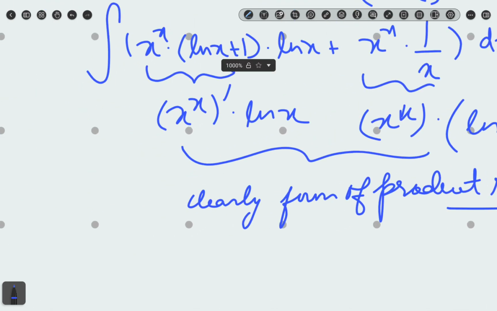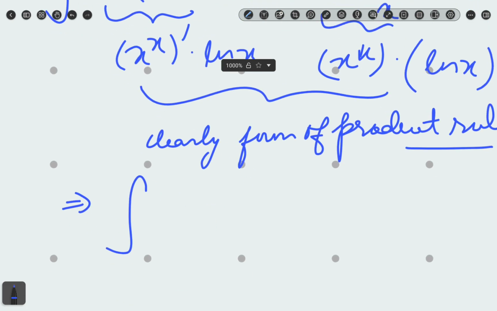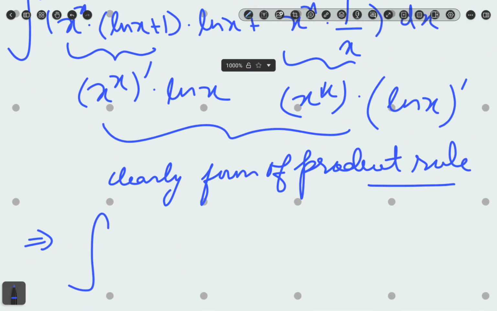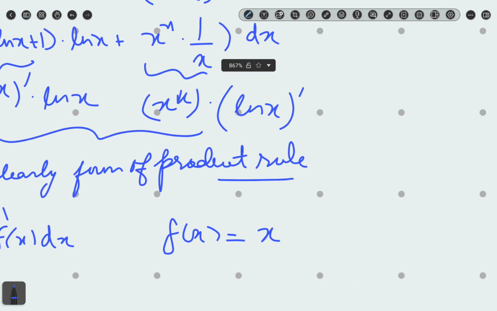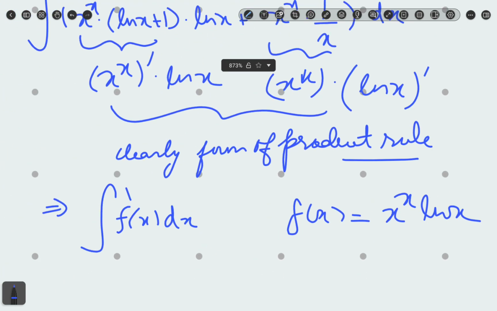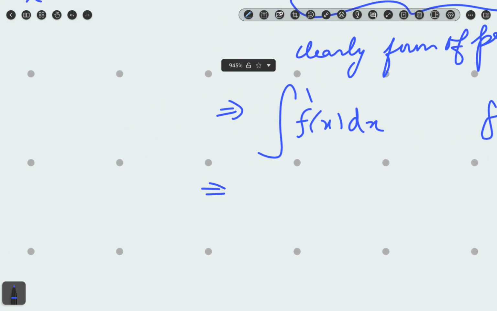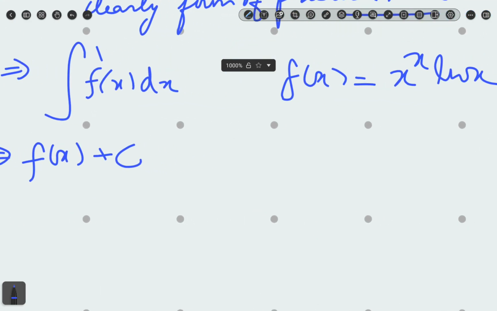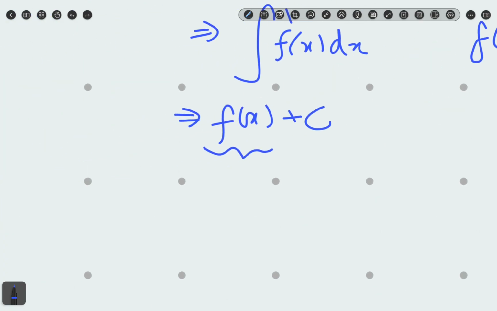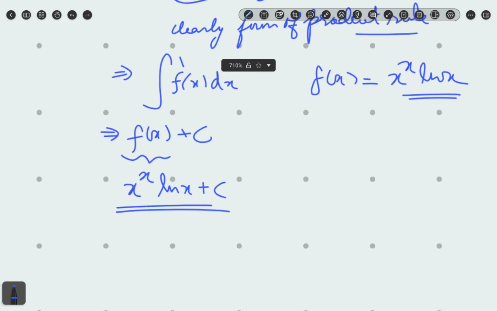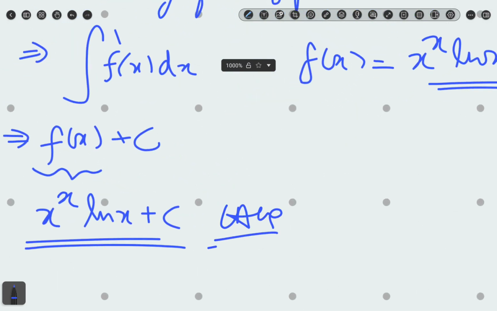So we can say that this is in fact the differentiation of the function, where the function is x to the power of x ln x, right? So this in fact gives us fx and obviously plus c, right? And this fx turns out to be what? x to the power of x ln x plus c, right? And this in fact is our answer.